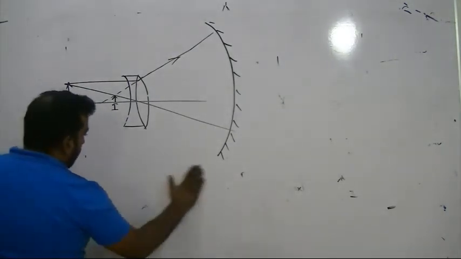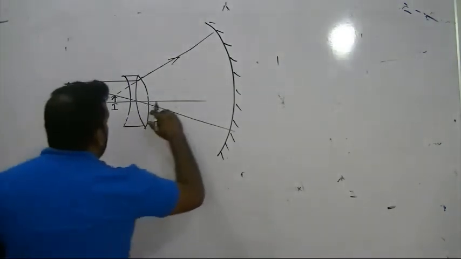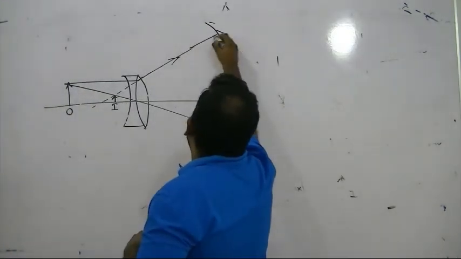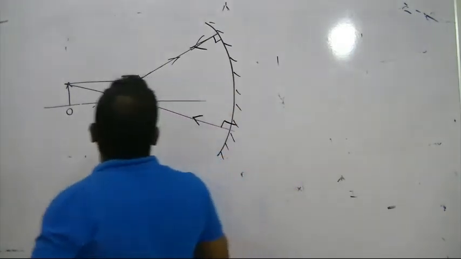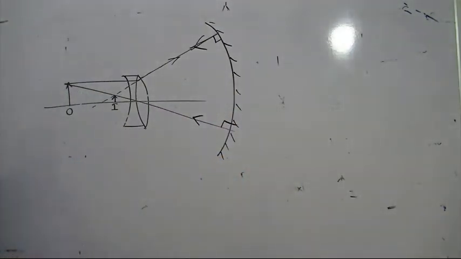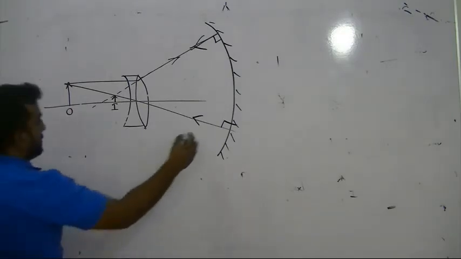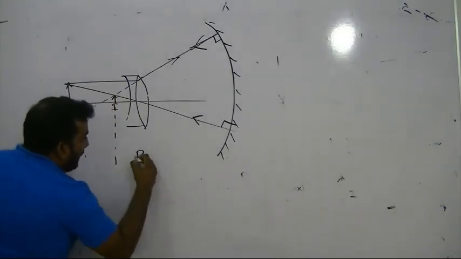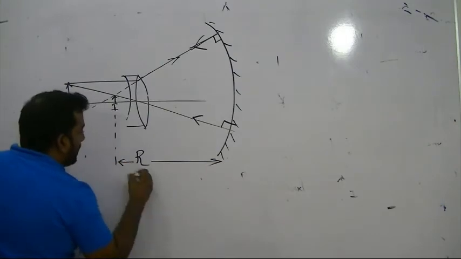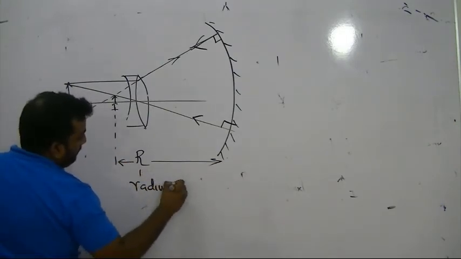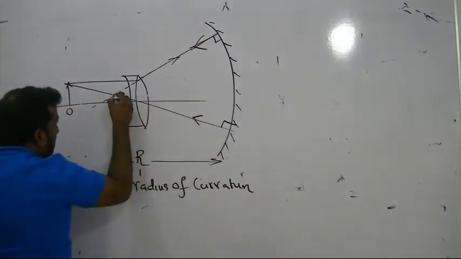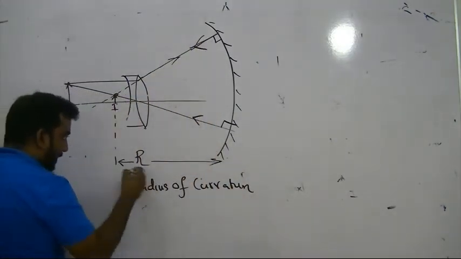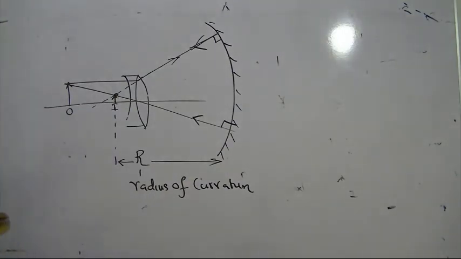Real image is about to appear means light rays will hit the mirror and reflect back along the same path. This means up to here it's going to be the radius of curvature, because light rays will seem to meet here, that's your center, that's your radius of curvature.